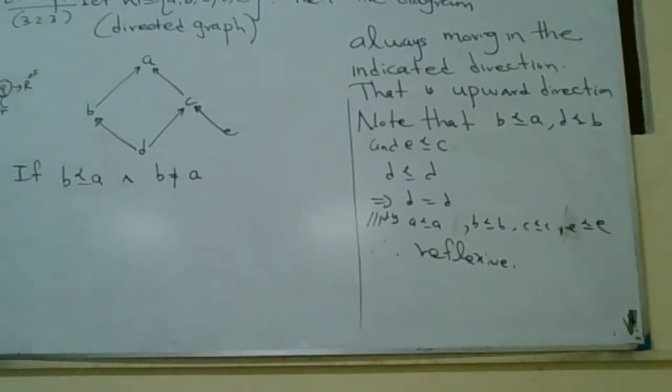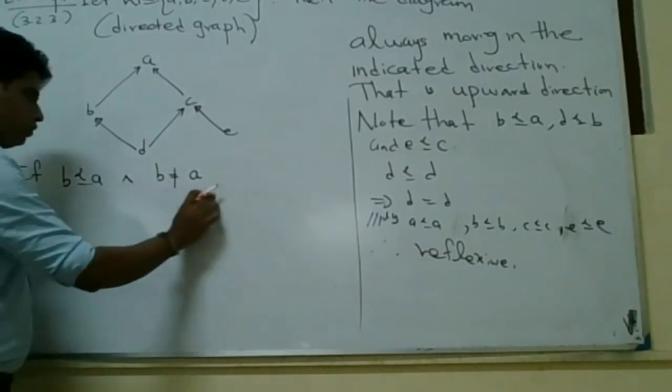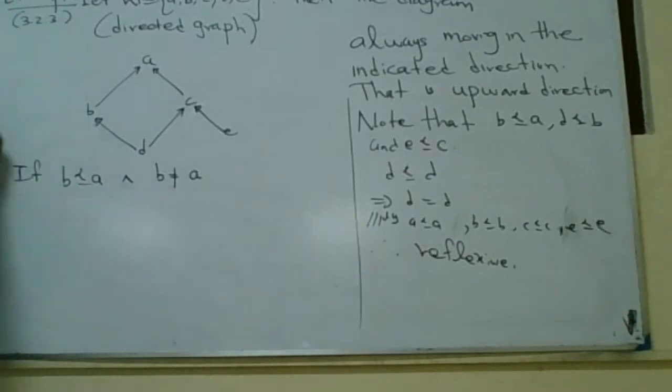Suppose P is true and Q is false, from true you get false.